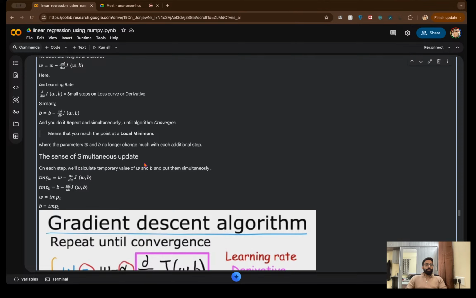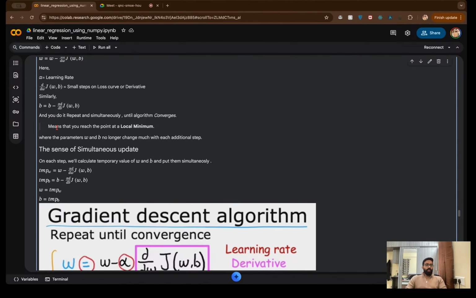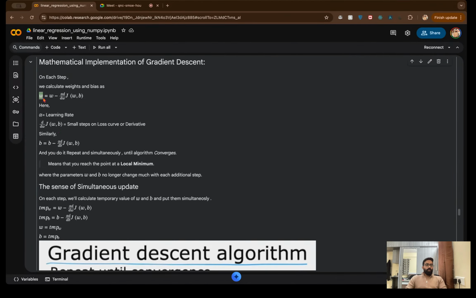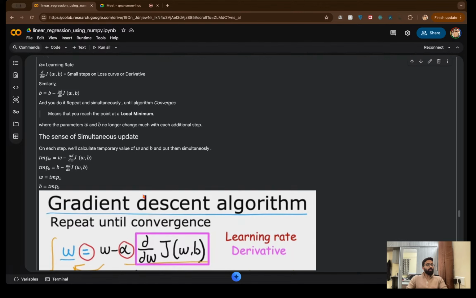Now let's talk about the sense of simultaneous update. We are calculating the value of w and the value of b simultaneously, because we want to work with the values w and b until the algorithm converges. So what do I mean by that?